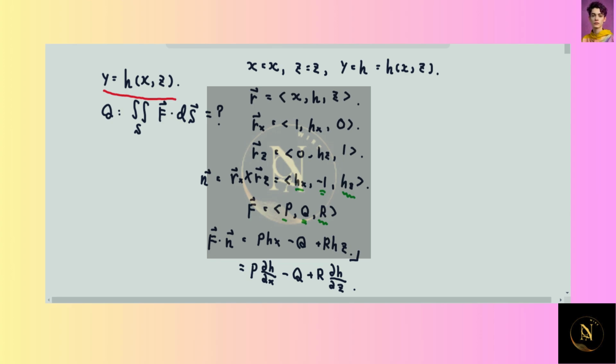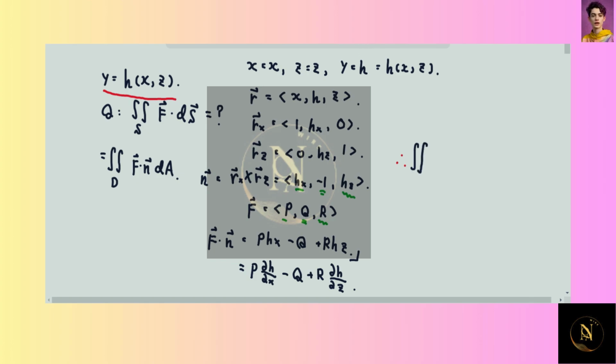And finally, we just remember that this is going to be the double integral of the projection of F dot n through the area. So long story short, this is the final answer of what we're going to get.